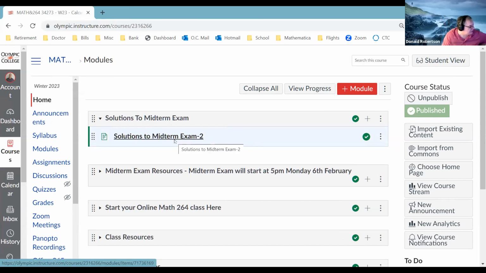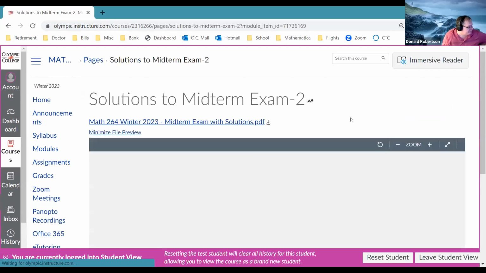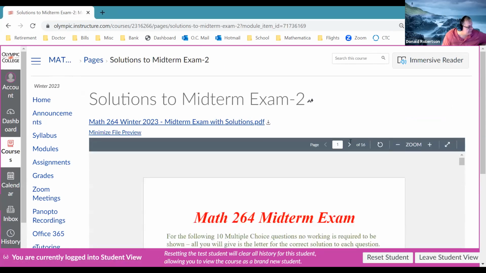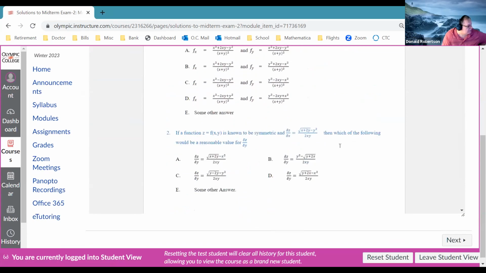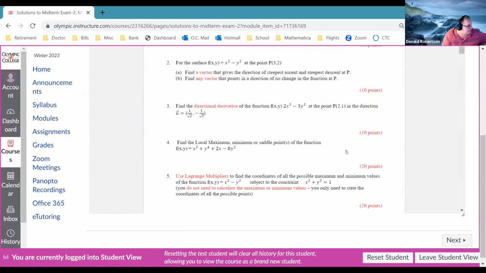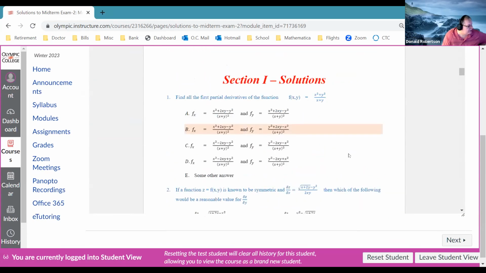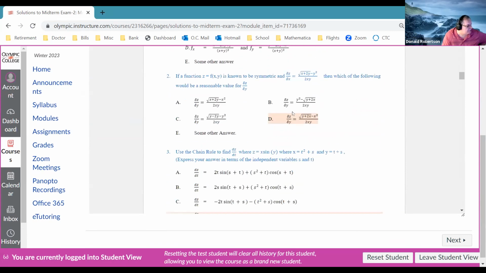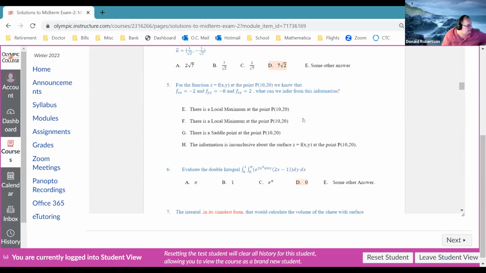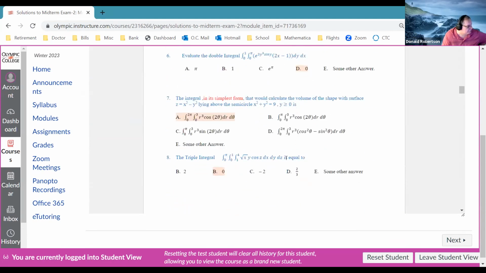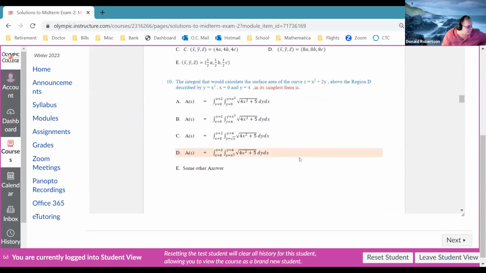Right, if I click on it, we'll show you what you get. Here is the original untouched question, and the highlighted guys are the solutions to the multiple choice.